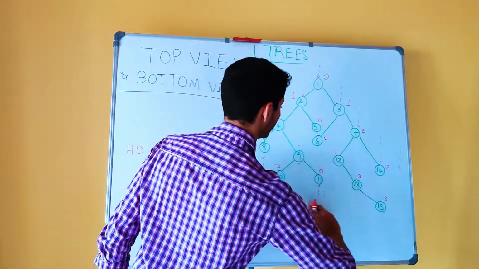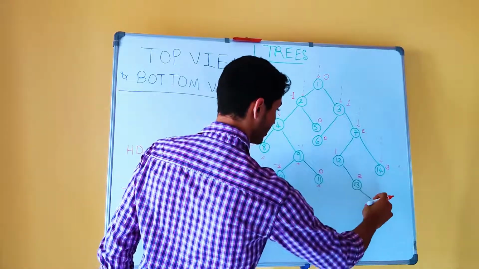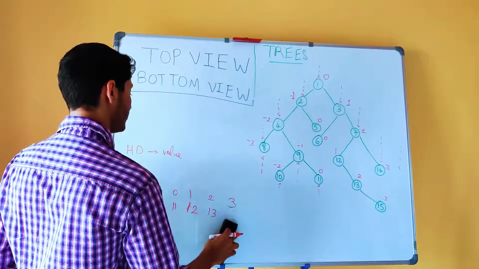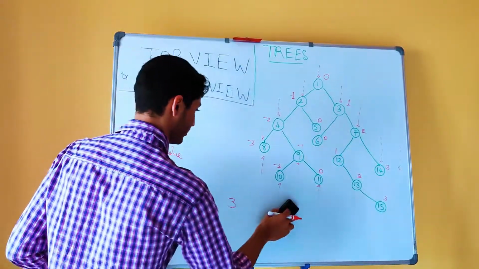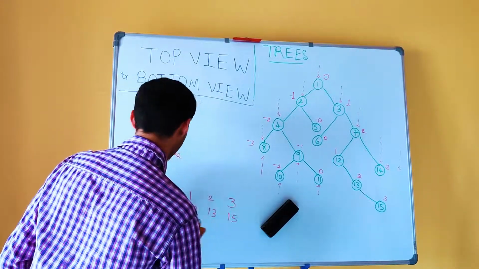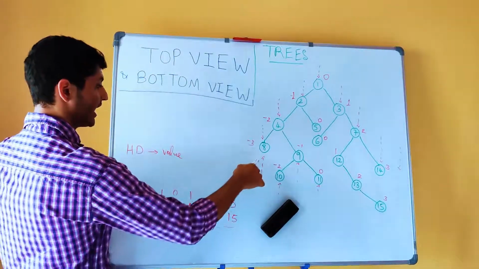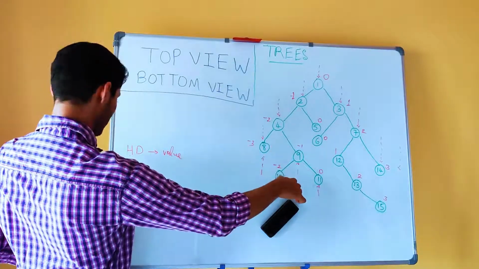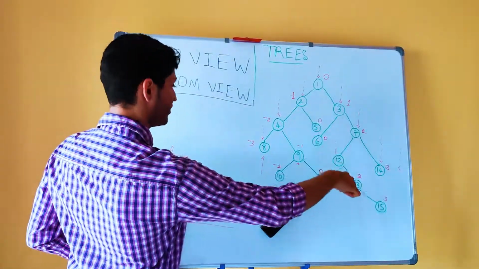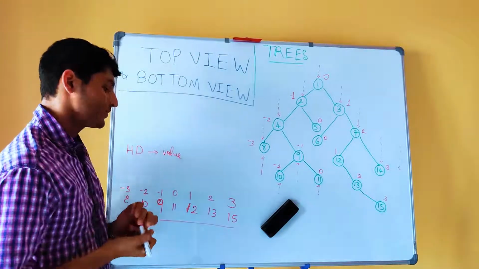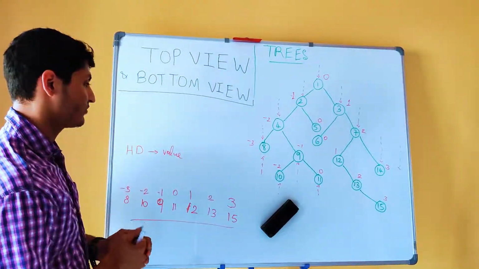Moving to the next level, in this level 15 is the only node which has a horizontal distance of 3. So we'll update this. So the bottom view of the tree is 8, 10, 9, 11, 12, 13 and 15. So this is how we find the top view and bottom view.